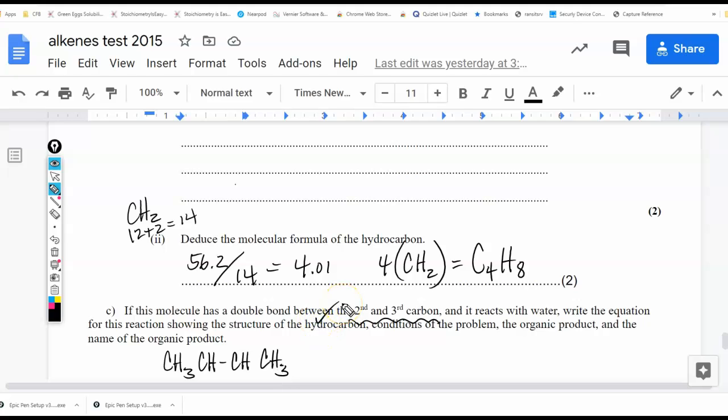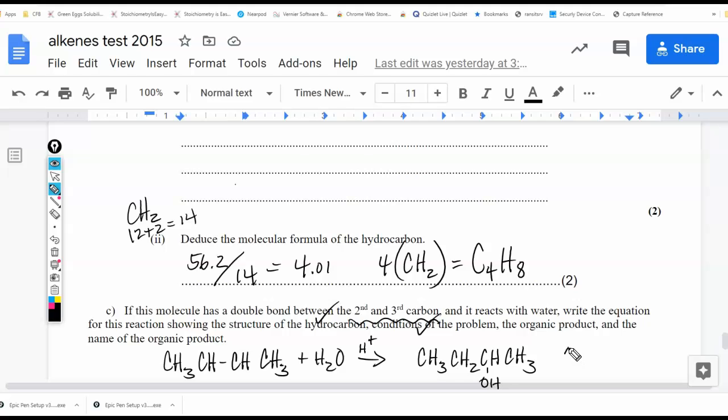Got that part done. We are going to make it react with some water, so like this. And the conditions of the problem mean that we have to show it reacting with an acid catalyst. So we've got the conditions of the problem. And now we're going to show the organic product. So the organic product is going to be CH3, CH2, CH, and then we'll have an OH coming off the bottom of it, and then this one is going to be the CH3 on the end.